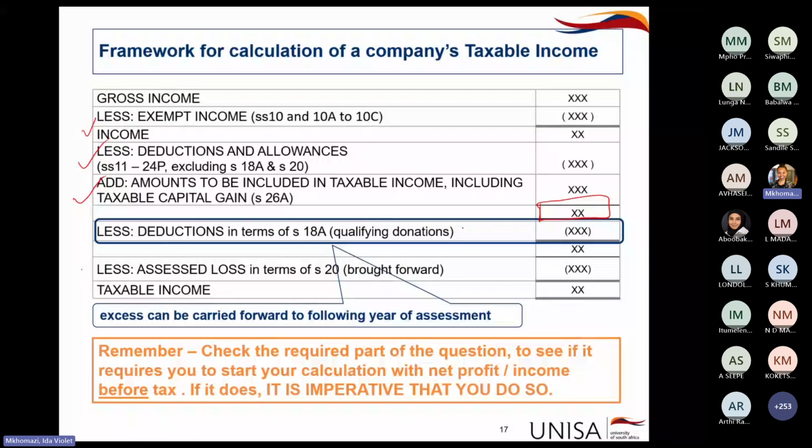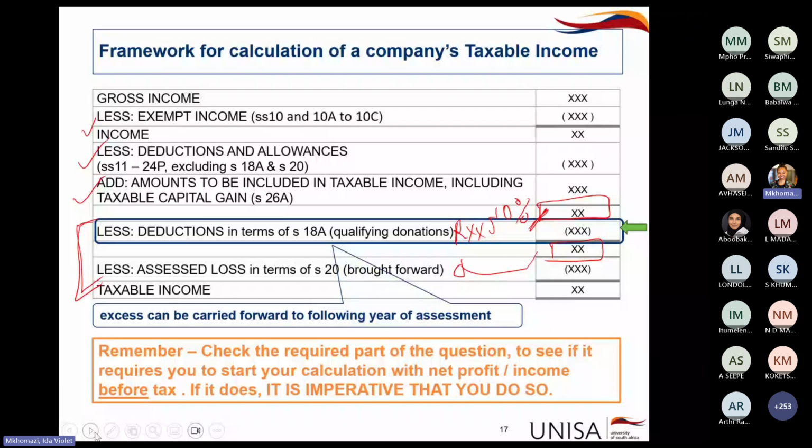You bring in your 18A donation, but you limit it to 10% of that taxable income subtotal. Thereafter, you get your subtotal again, and you bring in your balance of assessed loss in terms of Section 20.